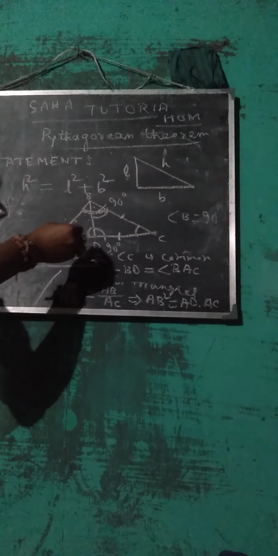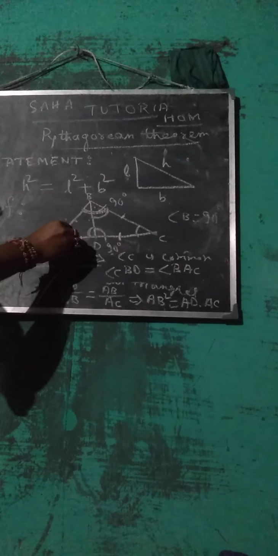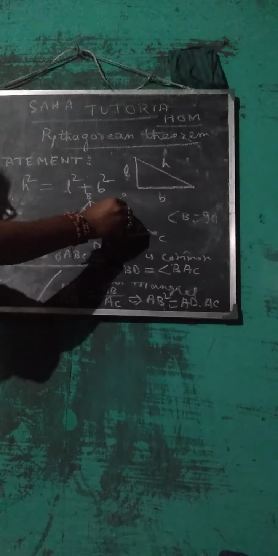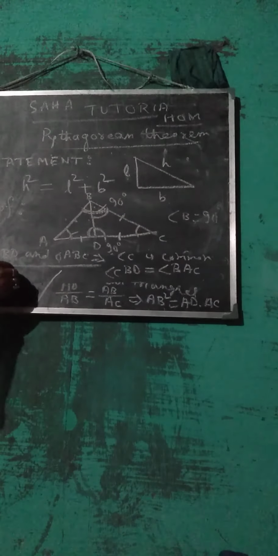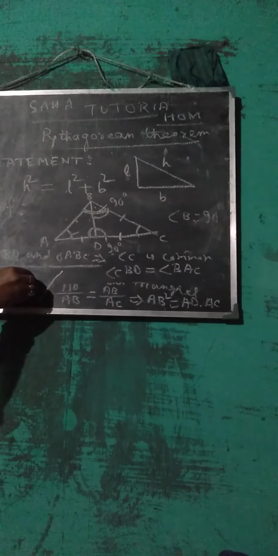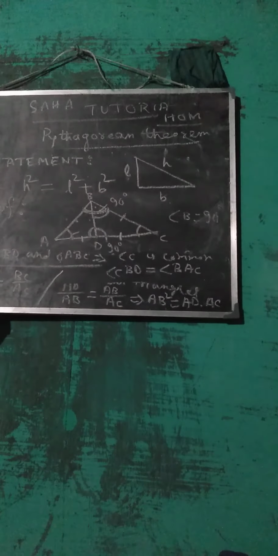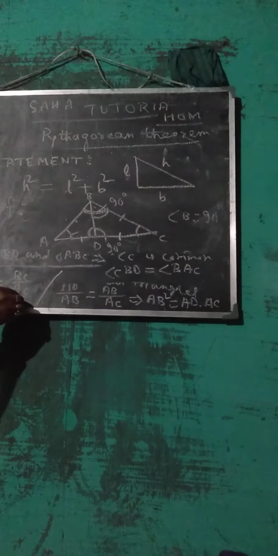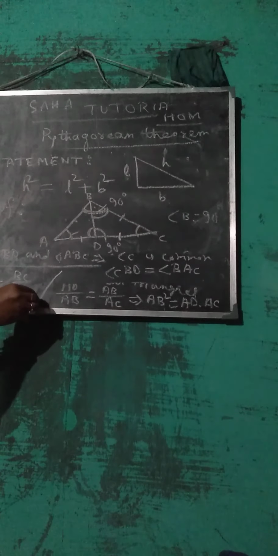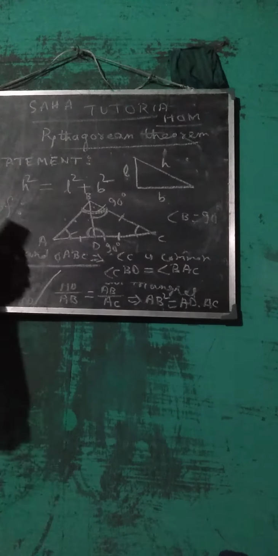With respect to this angle, the height is BC and the hypotenuse is AC. So this will be BC by AC. So what do we get? We get BC square is equal to AC into CD.